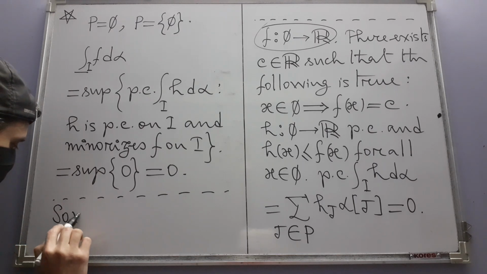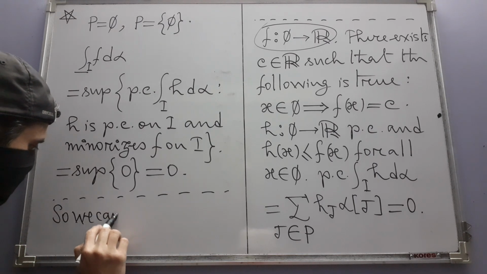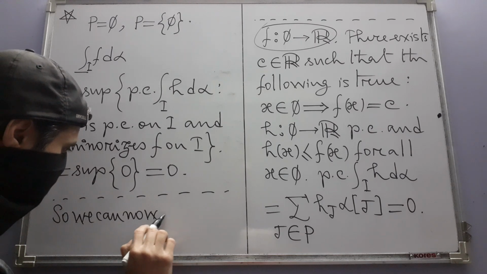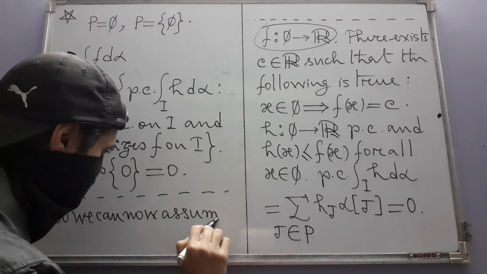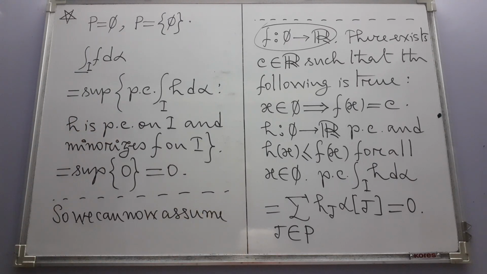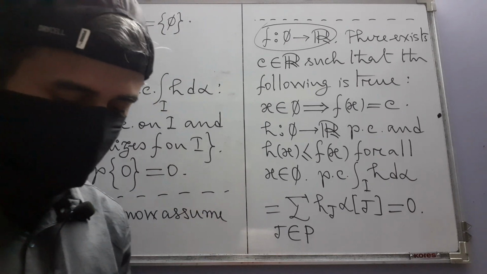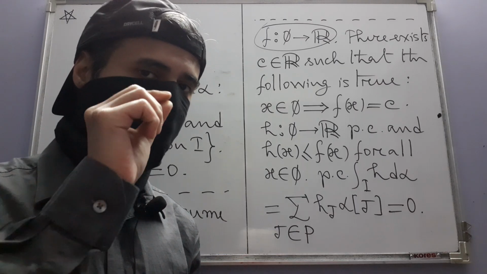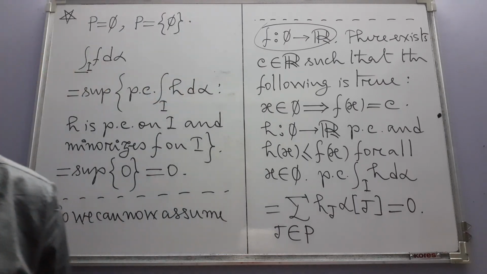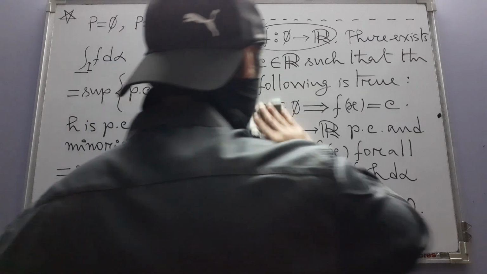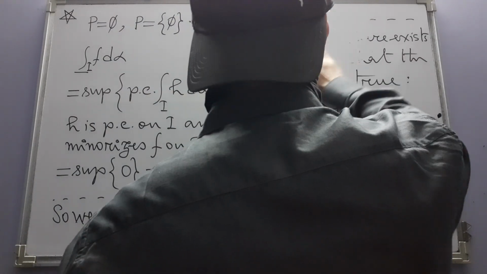So, we can now assume that I is non-empty. I may still be degenerate, having only one point, one real number in it, but I is non-empty.